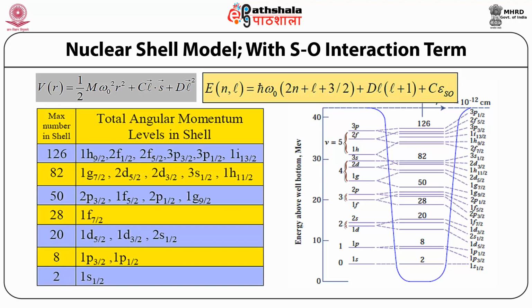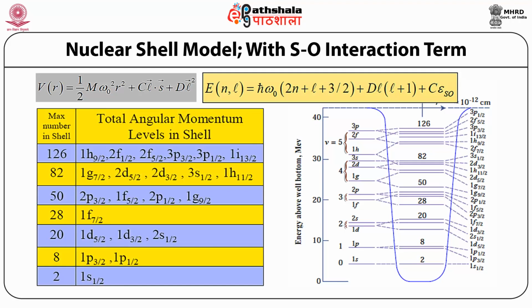So the energy levels are not just single isolated levels, but there is degeneracy in the energy level corresponding to different values of L. In the absence of spin orbit interaction, we have the energy situation as 1s, 1p, 1d, 2s, 1f, 2p, 1g, 2d, 3s, 1h, 2f, 3p.